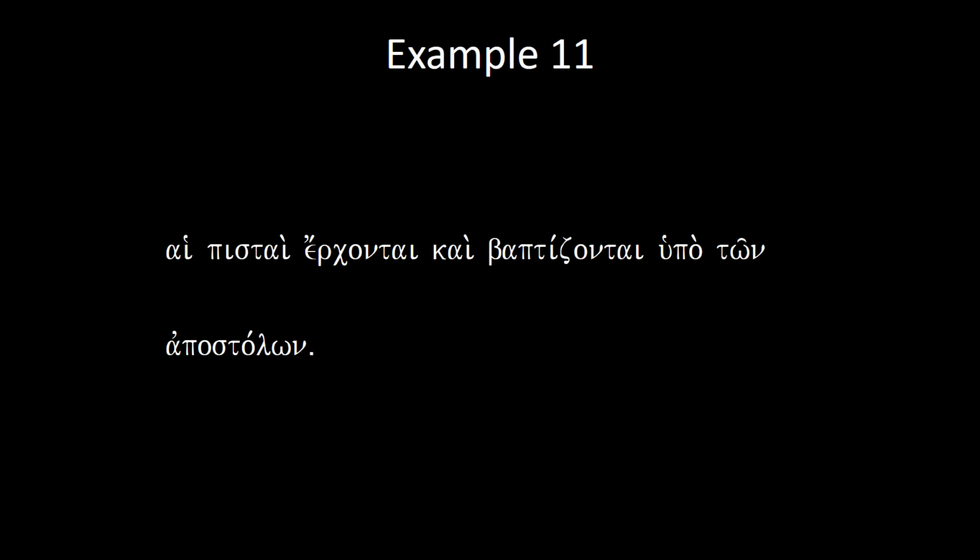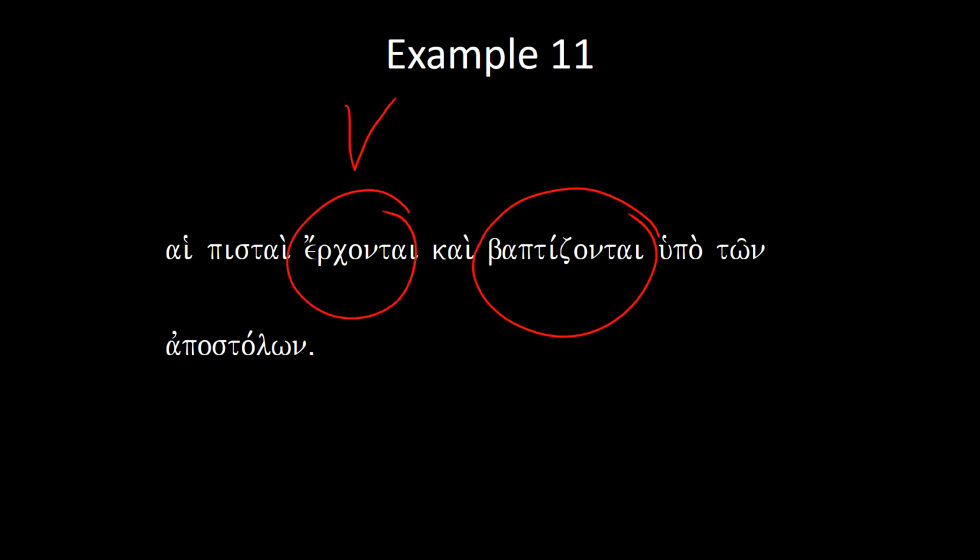Let's try another example. Hai pistai erchontai, kai baptizontai hupo ton apostolon. Couple of verbs, erchontai and baptizontai. Erchontai is from erchomai. Remember, it has this omai ending, and so this is a deponent.